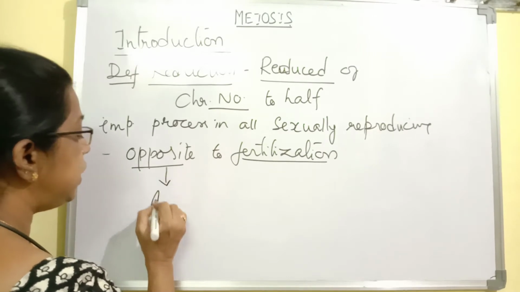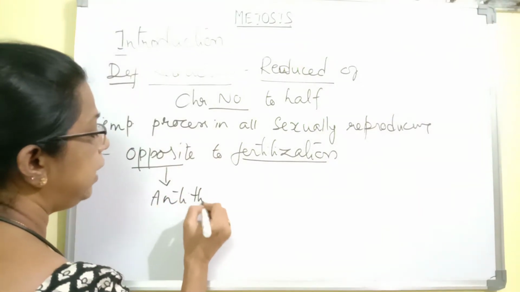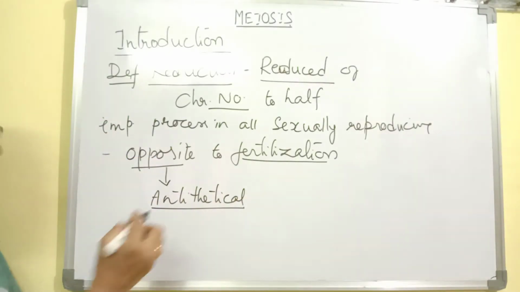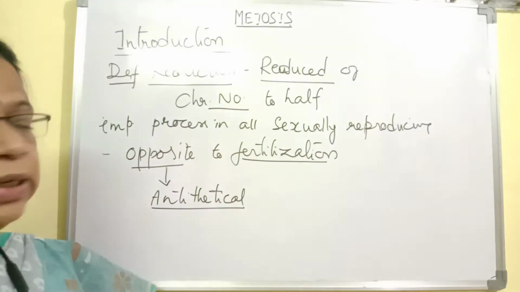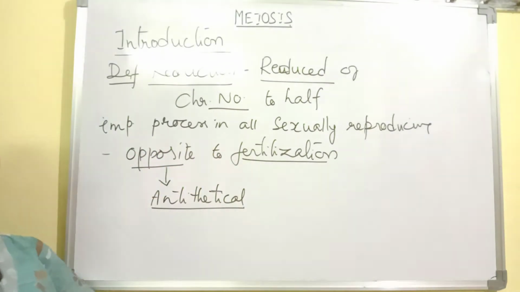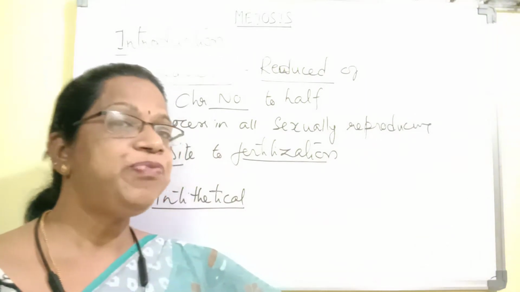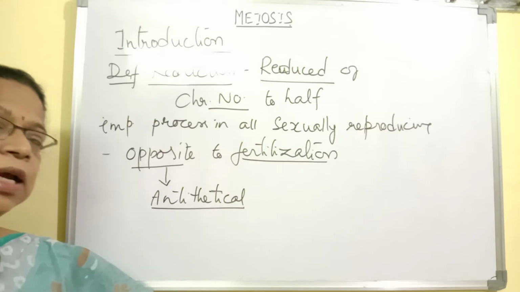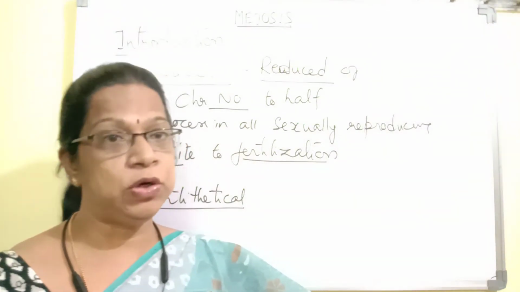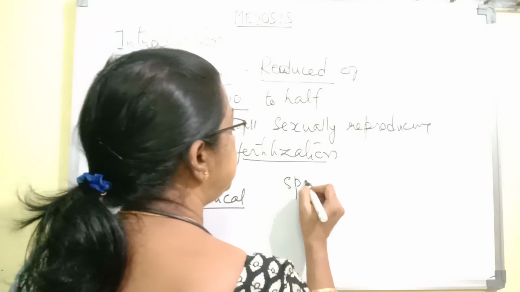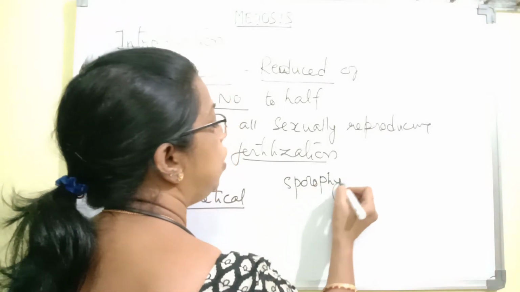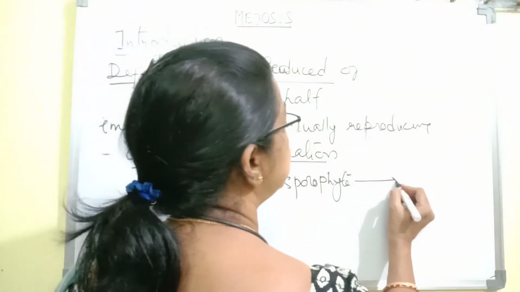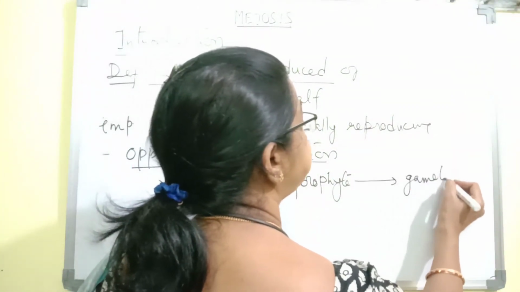For the word opposite, the word antithetical is also used. Antithetical also means opposite. That means meiosis and fertilization are exactly opposite or antithetical to each other. If we understand this in terms of sporophyte and gametophyte, suppose the higher plant body, the dominant phase is sporophyte, and sporophyte gives rise to gametophyte.